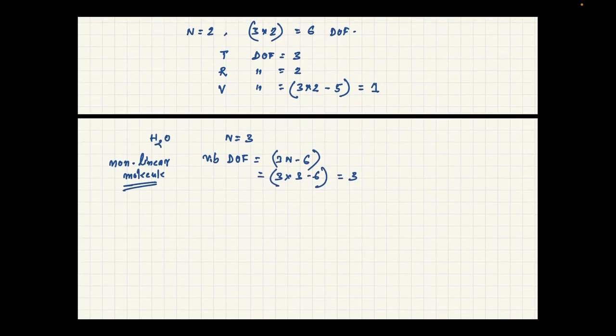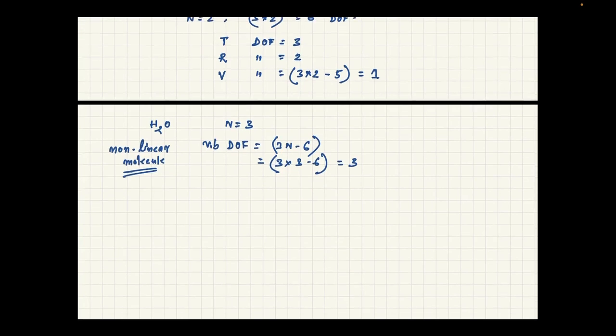So there will be 3 vibrational normal modes for the H2O molecule. Okay, so 3 vibrational normal modes. So let's call these psi 1, psi 2 and psi 3.